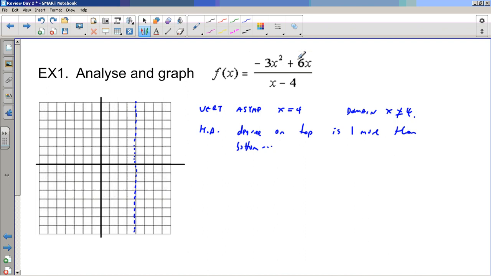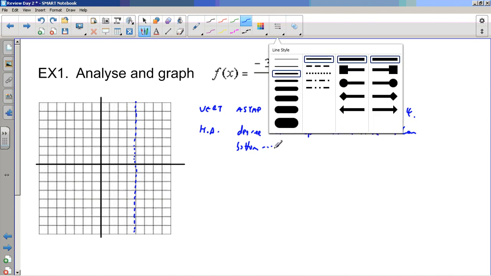What's the conclusion? Well, when the top is bigger than the bottom, we say that there is no horizontal asymptote. When they're the same, if this was squared, we'd just divide the leading coefficients and then we'd get that line. Or if the bottom is bigger, then it's just y equals 0. But in this case, it's actually an oblique asymptote.